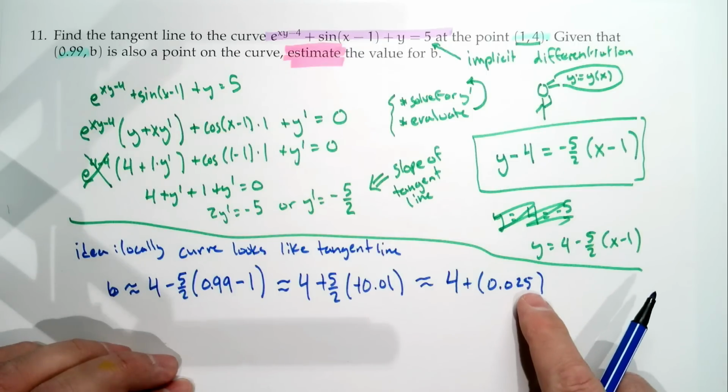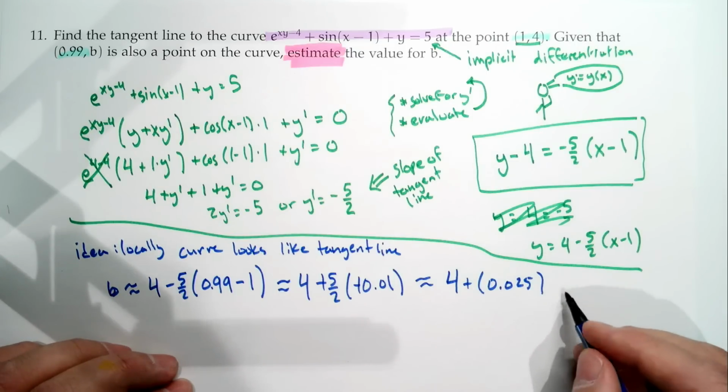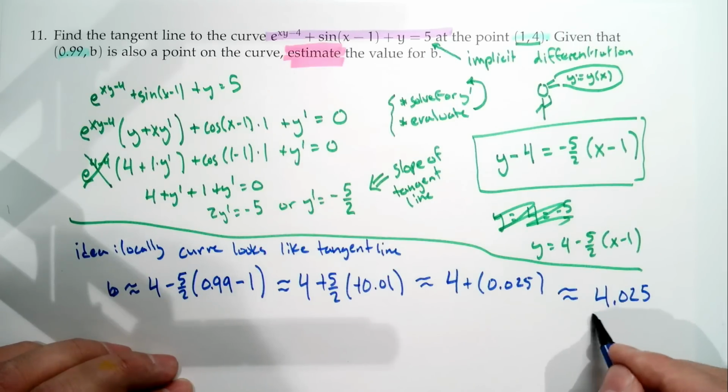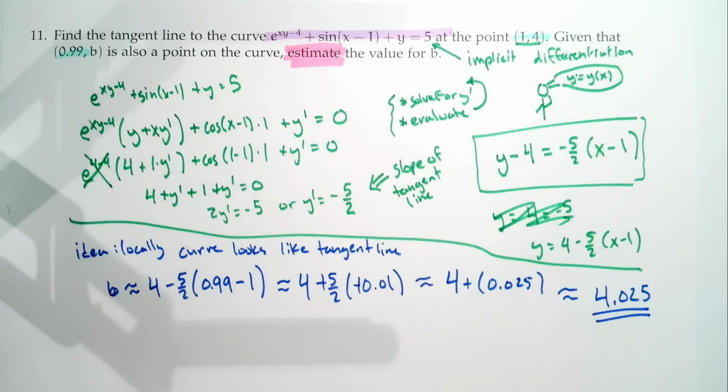So this is really 2.5 times 0.01. So we get that b should be approximately 4.025. Now, that is not what b is. It's just an estimate for what b should be. So oftentimes this is a way that you can say, well, maybe I don't know the exact value, but I can perturb a little bit.